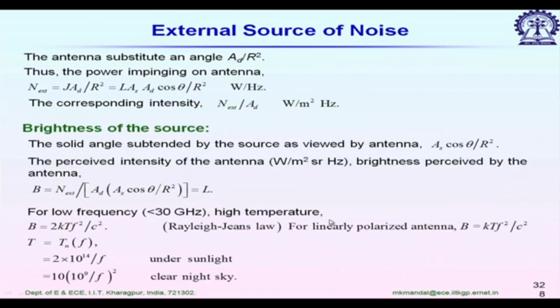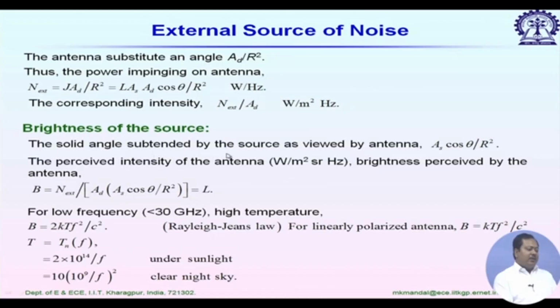Now, we can show that the brightness of the source as seen by the antenna is nothing but L. How? We just consider the opposite scenario. We see what solid angle the surface area AS makes at the antenna, and then calculate the brightness for that. The solid angle subtended by the source as viewed by the antenna is the area divided by R square, but we have to take the projection, so it is AS cos theta by R square.